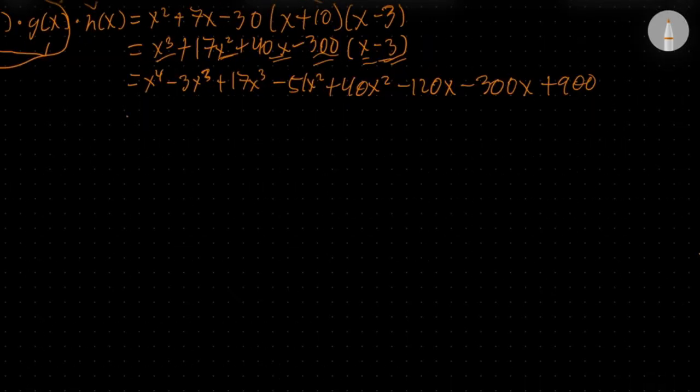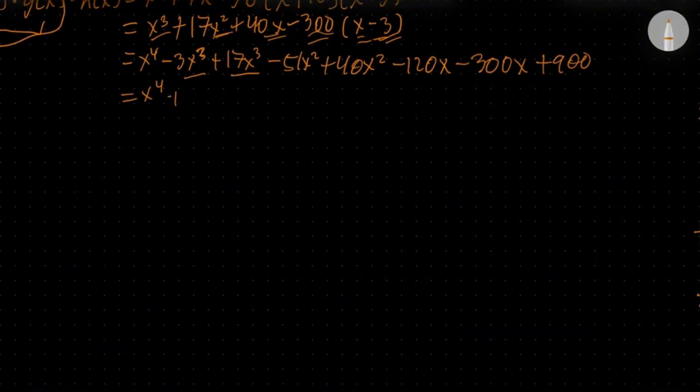Now, based from this result, we are gonna combine like terms. X raised to the 4th power, negative 3x cubed plus positive 17x cubed is 14x cubed. And negative 51x squared plus 40x squared is negative 11x squared.